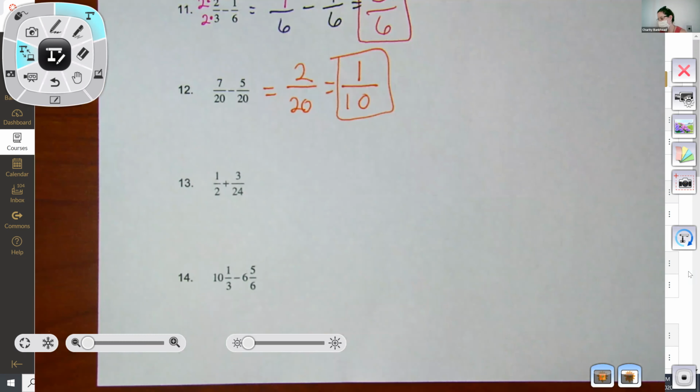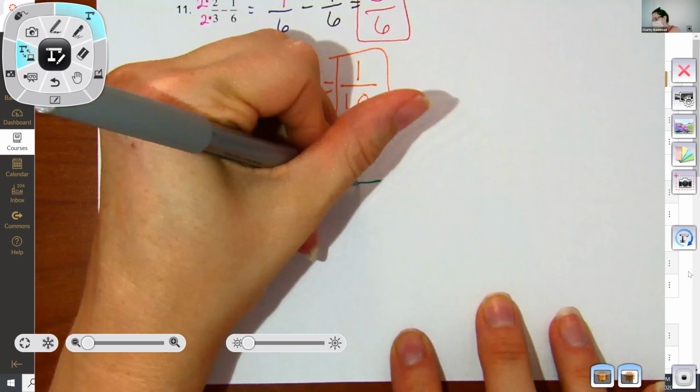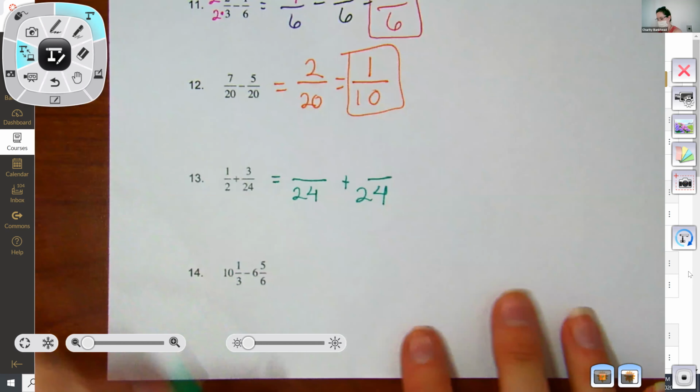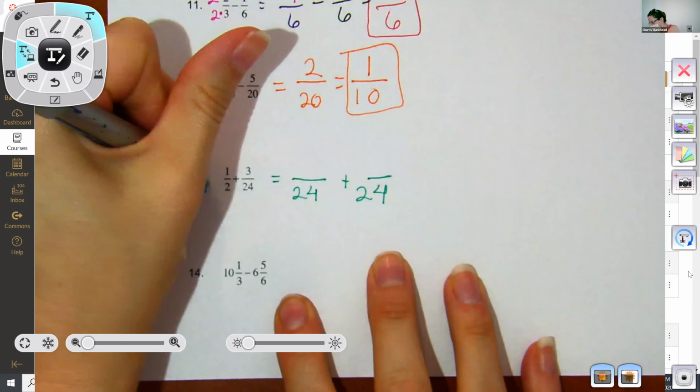All right, number 13. So what would be the LCD? 24. So what do you have to multiply with 2 to get 24? 12. So then you also have to multiply that numerator times 12.